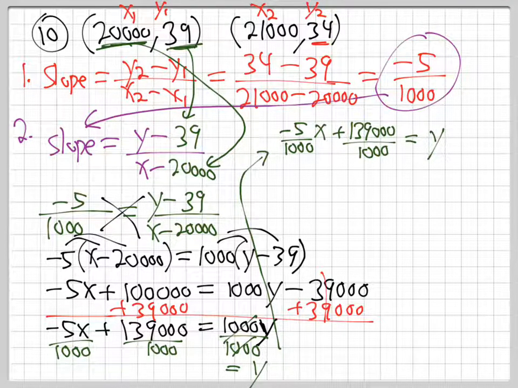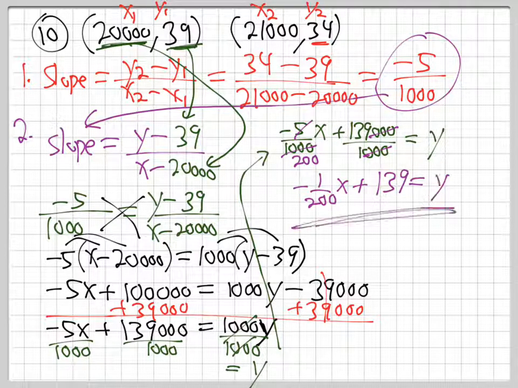So you can just divide it on your calculator. 5 goes into 1,000 200 times, right? So that's minus 1 over 200x, or you can just put the x on the top. Remember, top or front, it's all the same thing, because to be in the front is to be over 1, is to be in the top. It's all the same. Here, just cancel 3 zeros with 3 zeros. 139 over 1, that's just 139.